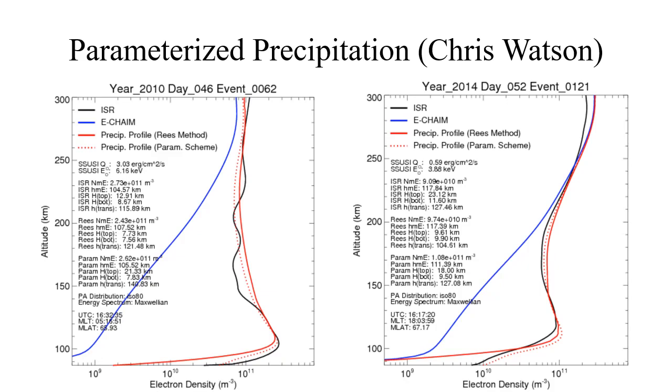The black is an incoherent scatter radar electron density profile during this time, and the dashed red line is what we get from our precipitation scheme when we used optically inferred mean energies and fluxes. And you can see in general, if we get the energies and fluxes right, we can do a pretty good job at capturing the electron density enhancement in the E region associated with these precipitation events.